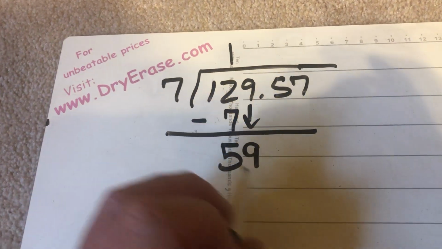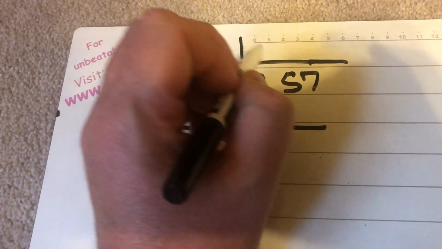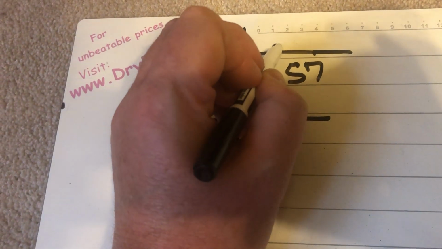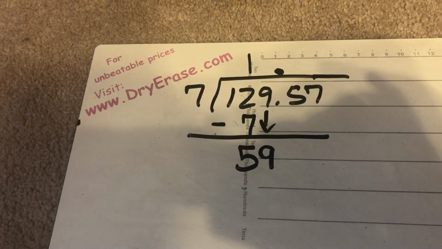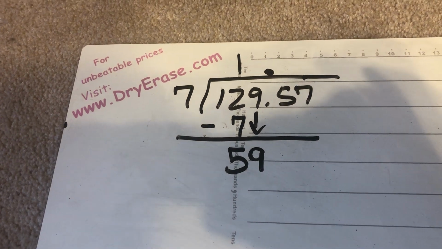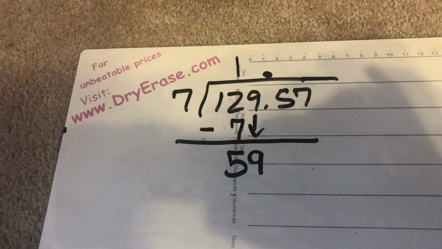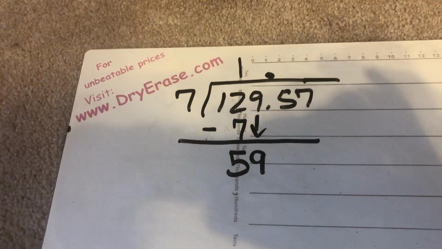And I think, well, how many times can 7 go into 59? Once again, before I started, I have forgotten this a couple times now. Always put that decimal straight up, because if you forget to put it in your answer, the answer is going to be wrong. Without the decimal, it is a completely different number.